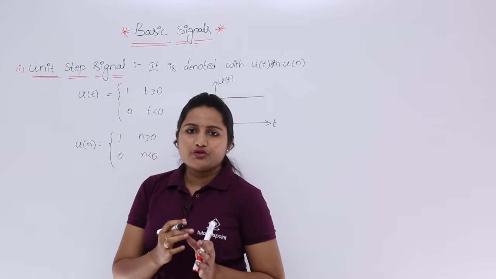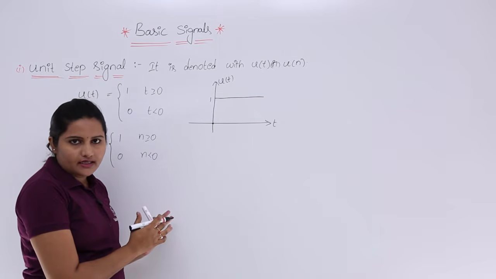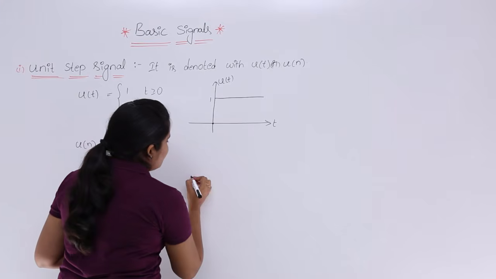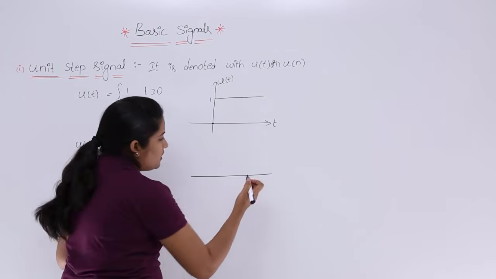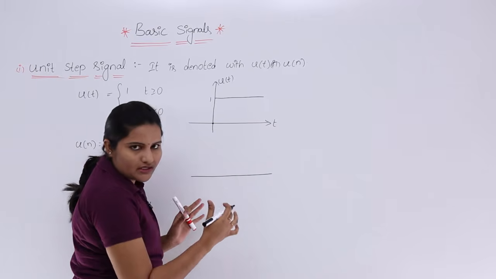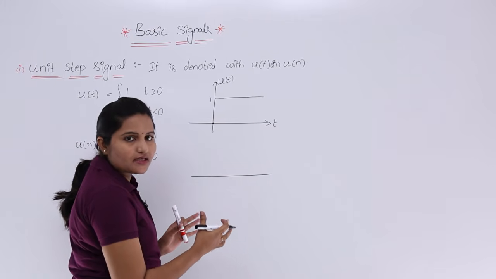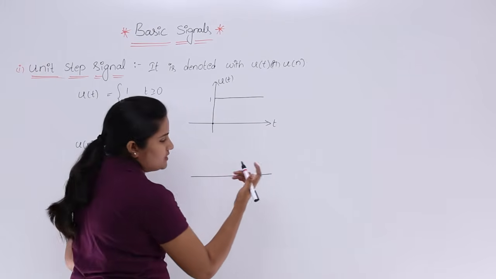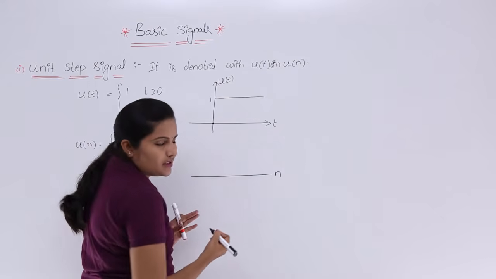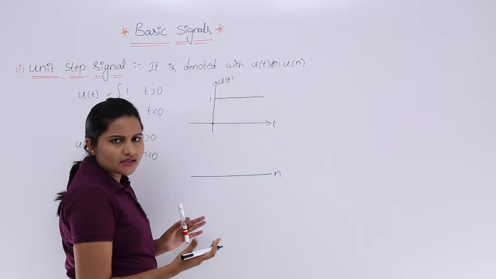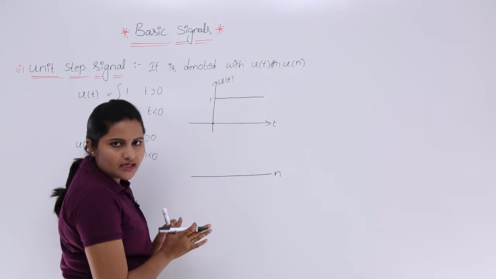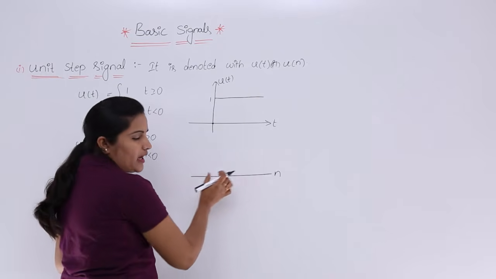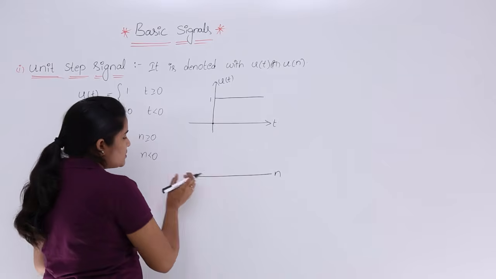Now we will see the pictorial representation of the discrete unit step. Here also you consider time on the x axis and the signal on the y axis. Since we have discrete time, there is no need to consider the y axis, though it is fine if you do. I consider time horizontally.